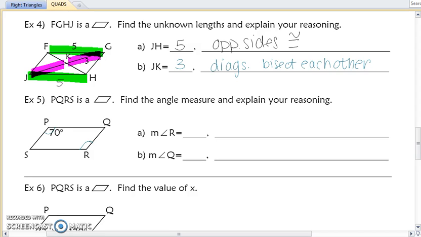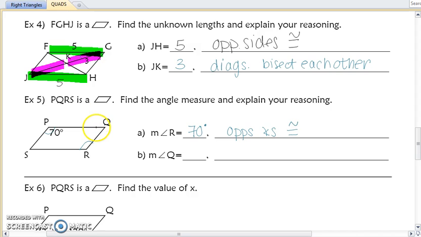And it just so happens that, yep, we are first finding the measure of angle R in this parallelogram. So angle R has a measure of 70. We know that opposite angles are congruent in a parallelogram.